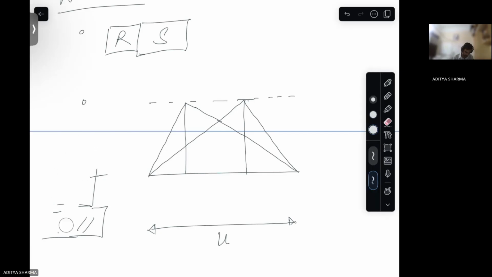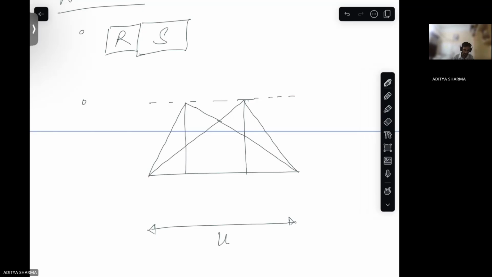Then what happens at inlet? You have this absolute velocity. Then you have this relative velocity. This is alpha 1. This is beta 1.